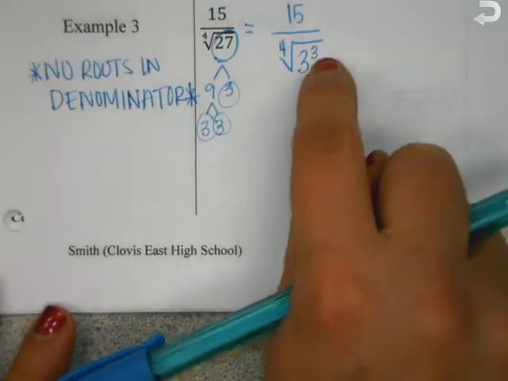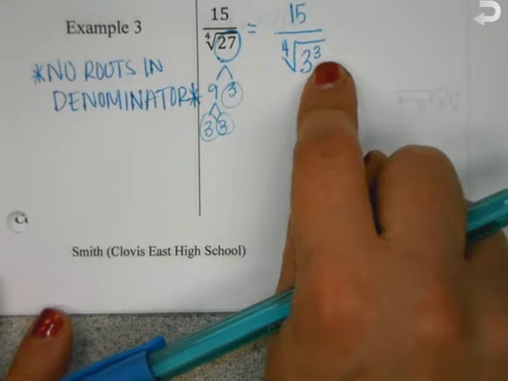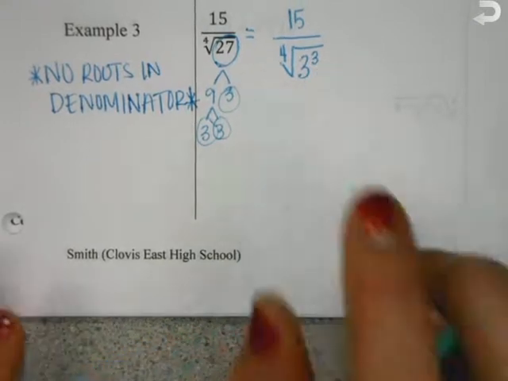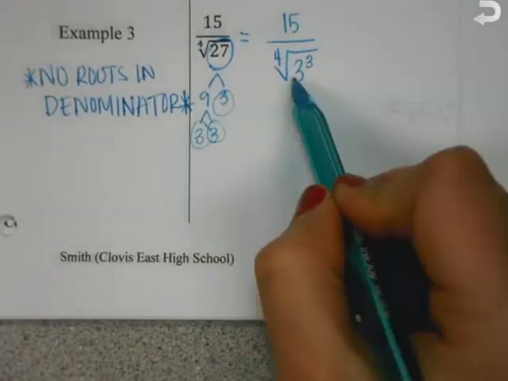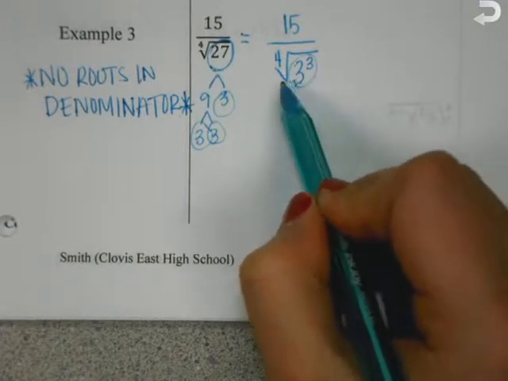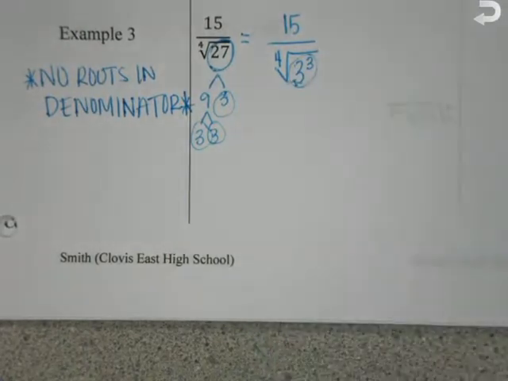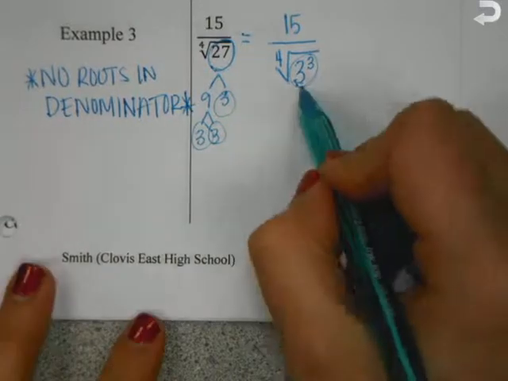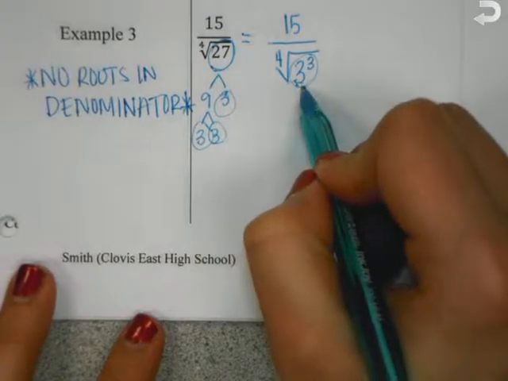Okay. So let's think about this. How many 3's do I have to have inside that radical in order for the fourth root to go away? 4. How come 4? Because it's a fourth root. We're looking for groups of 4, right? So how many 3's am I missing? Just 1.